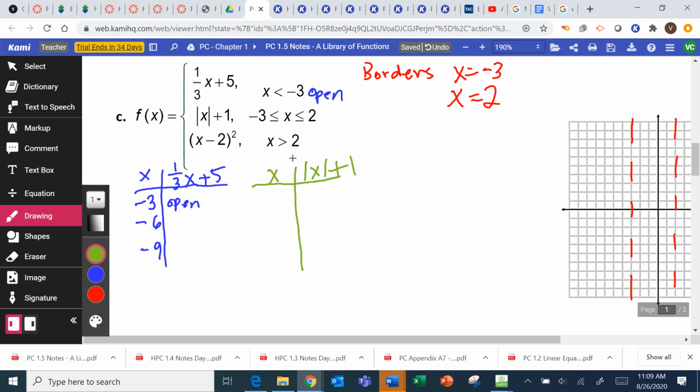So for this one, will we have open or closed dots for the second one? Both closed? Yep, both closed. And Kira, could you tell me what values I should have in my table for the middle one?